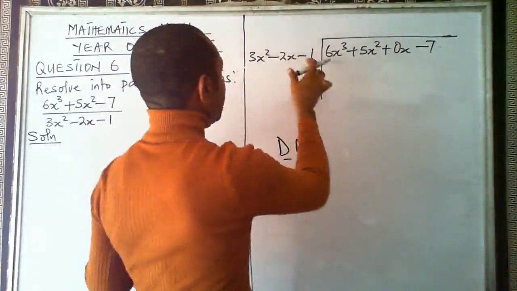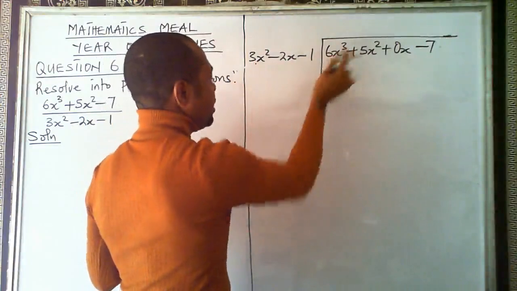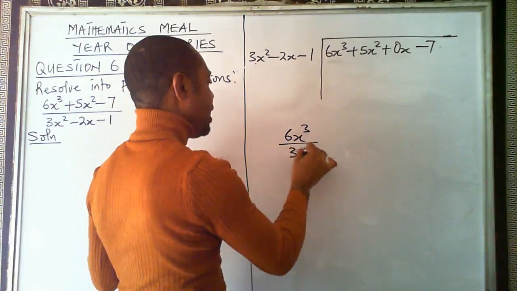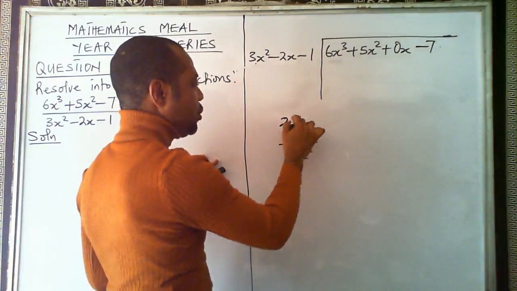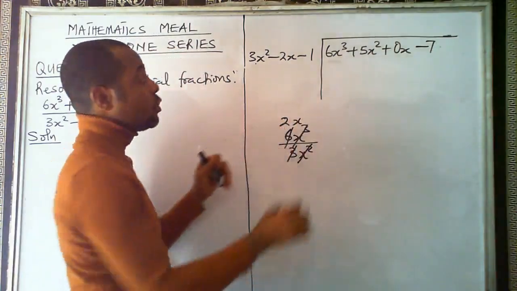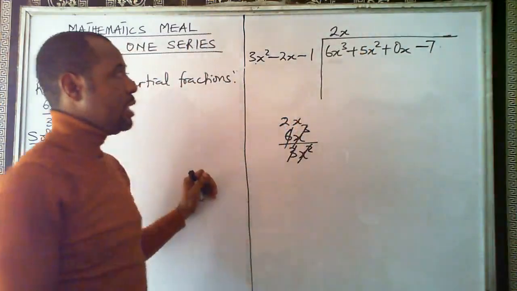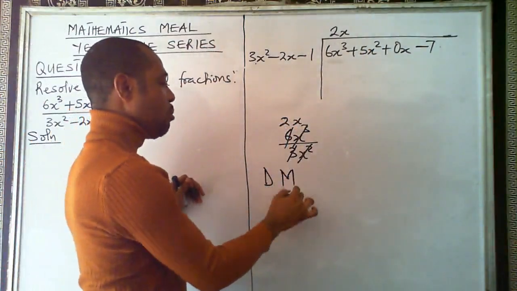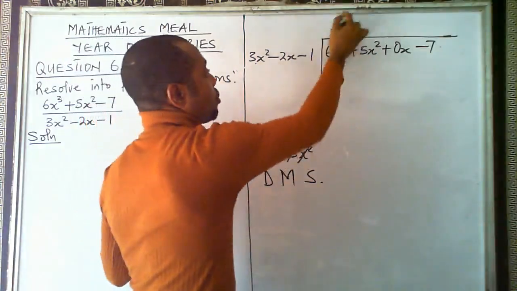All right, so let's divide. The first division: 6x^3 divided by 3x^2. 6 divided by 3 is 2, and x^2 dividing x^3 gives x. So the answer we got after division is 2x. We have done division; what remains is multiplication and then subtraction.